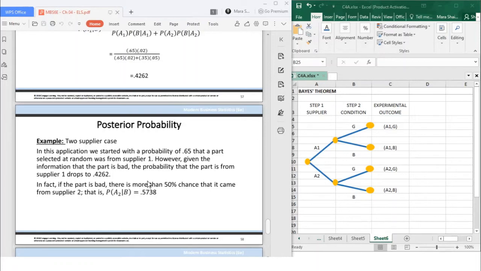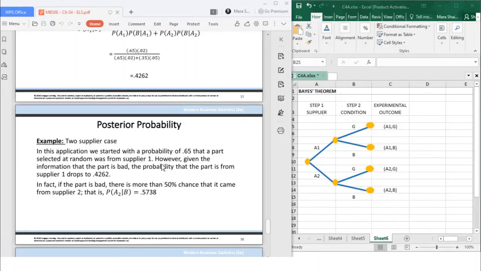Kagets ra? So, ang difference ani, if imuhang question lang is the probability nga kana imuhang i-select is gikan ni supplier 1 is nara siya sa 65%. But if ang imuha nang i-take into consideration is katong mga bad na parts, given nga naa kay information about sa mga bad na parts, ang imuhang probability sa imuhang supplier 1 is mo drop siya to 42.62%.